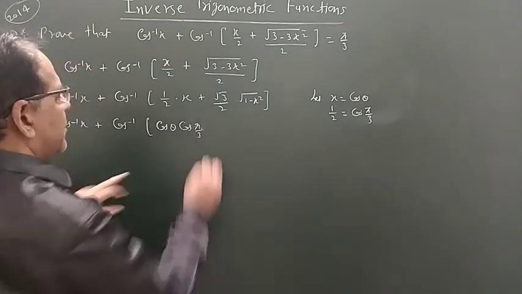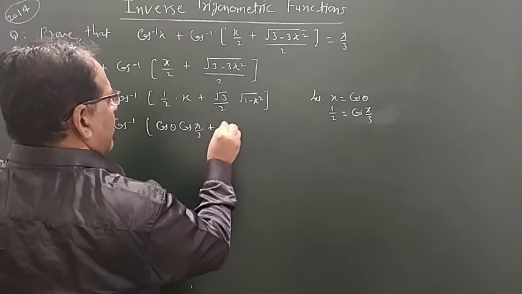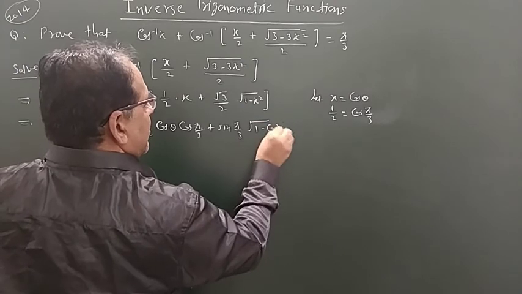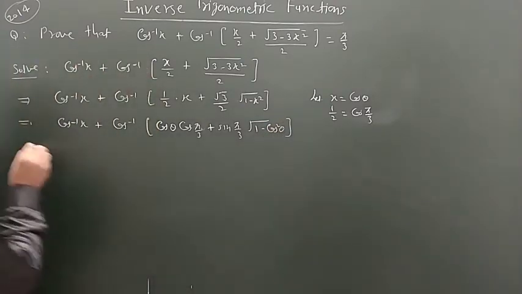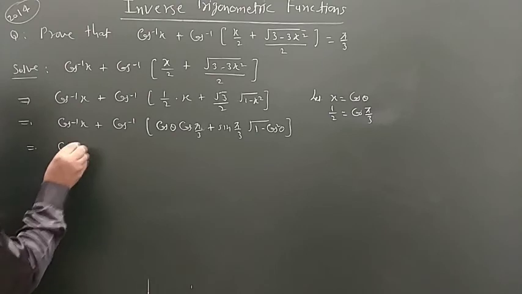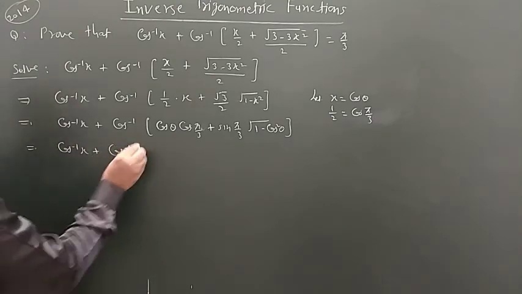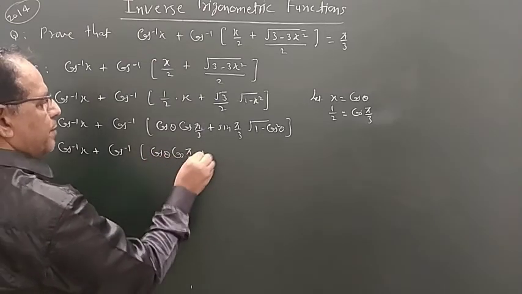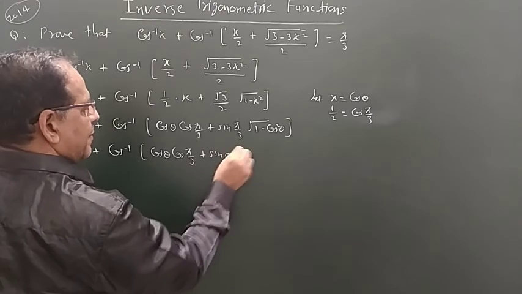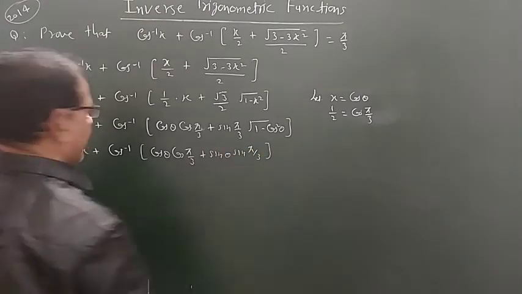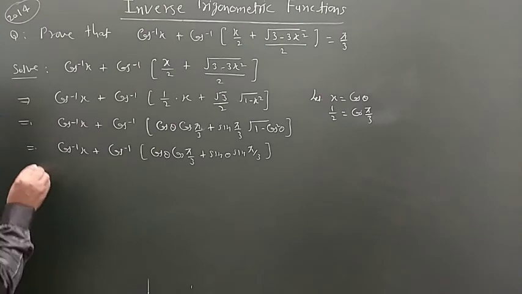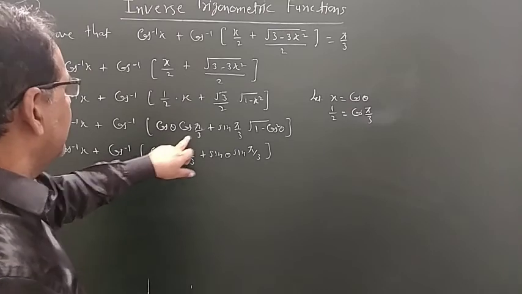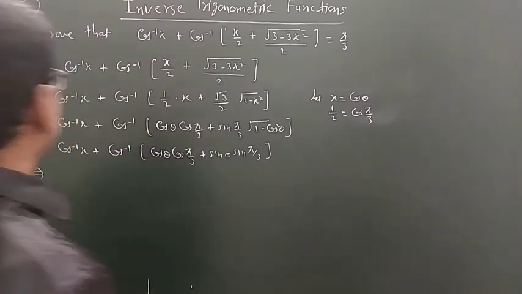So this becomes cos inverse x plus cos inverse of cos theta cos pi by 3 plus sin pi by 3, and this becomes under root 1 minus cos square theta. So now next step can be written as cos inverse x plus cos inverse of cos theta cos pi by 3 plus sin theta sin pi by 3.